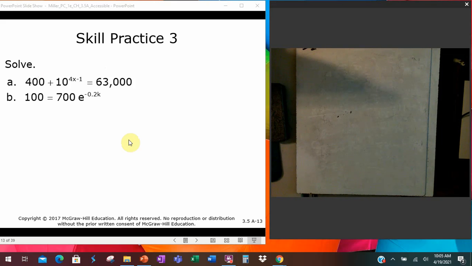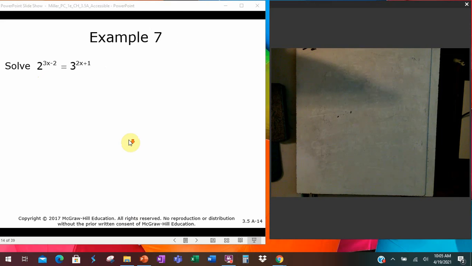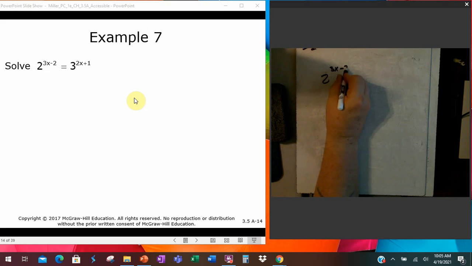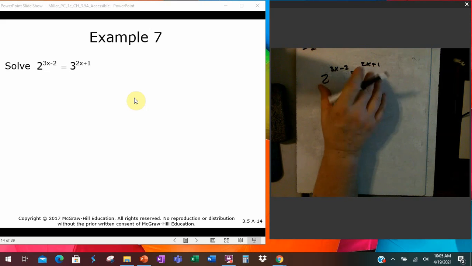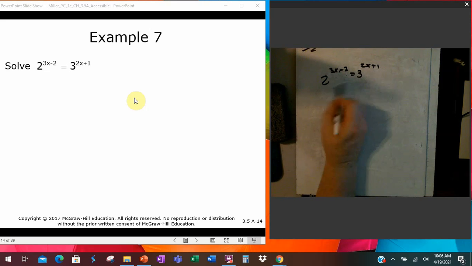Okay, so let's continue on. Here again, I take the ln of both sides. This is 2 to the 3x minus 2 equal to 3 to the 2x plus 1. As long as both of these are in the exponent, I don't care about the bases because I can convert to any base.